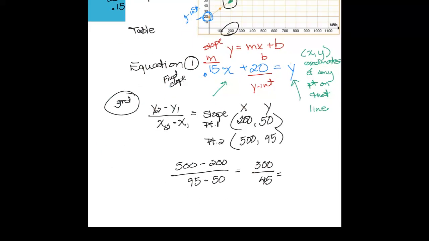Okay, so we're going to flip these. These should be flipped, which is 45 over 300, which is much better. If I divide that by 3 over 3, yes.